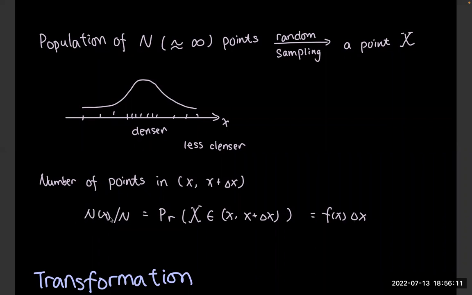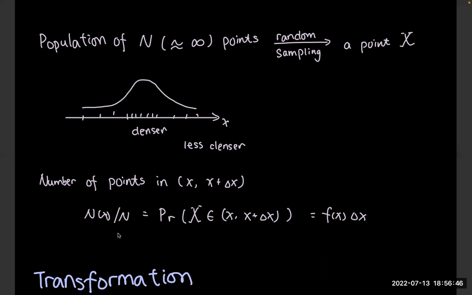Or in other words, before the sampling, when we try to describe the population density, then f of x, the density, is actually n of x divided by delta x. Say the number of people in Los Angeles divided by the area of Los Angeles, then we get the density of Los Angeles. But usually we also normalize this number by this N. We divide this n of x by N so that this gives us a proportion. So the proportion divided by delta x gives the density. Or in other words, proportion is the density times delta x.